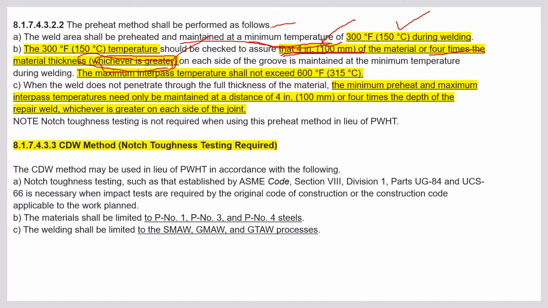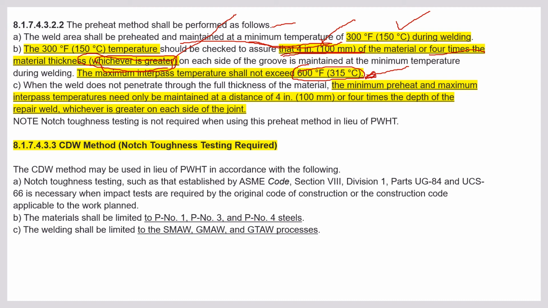You have to remember all those terms very carefully, okay. The maximum interpass temperature shall not exceed 600 degrees Fahrenheit or 315 centigrade. These are the preheating requirements, okay.